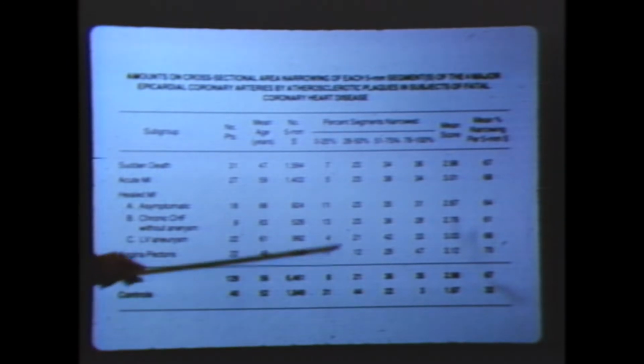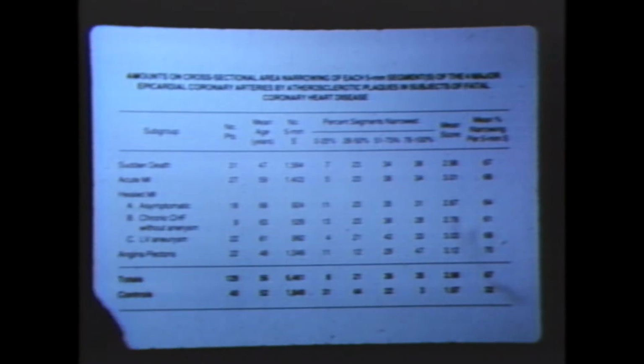The patients with healed myocardial infarction as a group, whether they were asymptomatic after the acute infarction or whether they had chronic congestive heart failure with an aneurysm or without an aneurysm, had as a group a little less coronary narrowing than these victims. The patients with unstable angina had the most narrowing of all. 47% of those segments narrowed 76 to 100%.